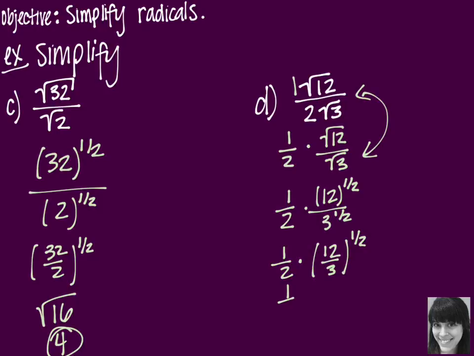And then I know that 12 divided by 3 is just 4, and I know that the 1/2 is actually the square root, right? So then I have 1/2 times 2, which just gives me 1. Okay, so square root of 12 divided by the 2 square root of 3 is just 1.